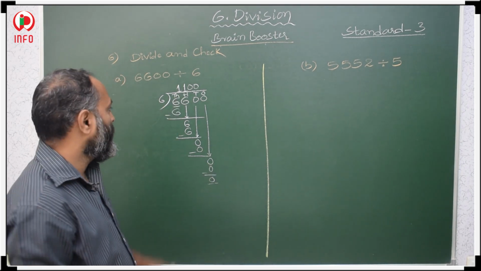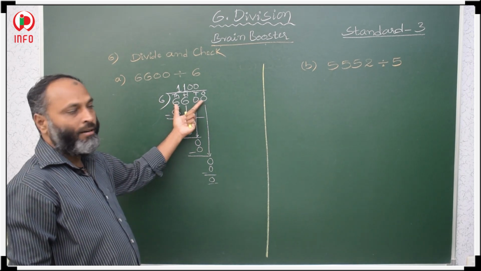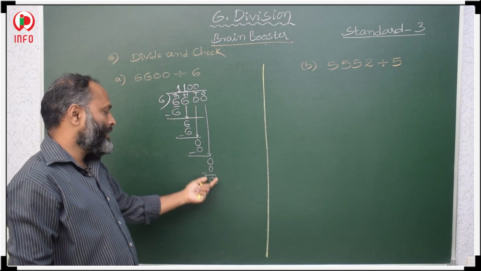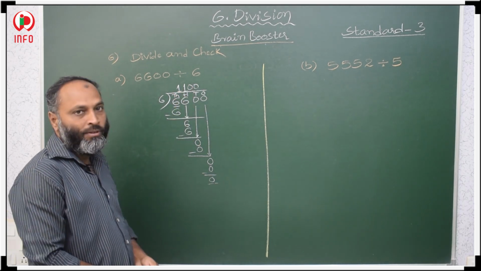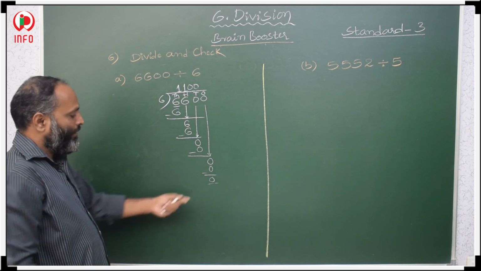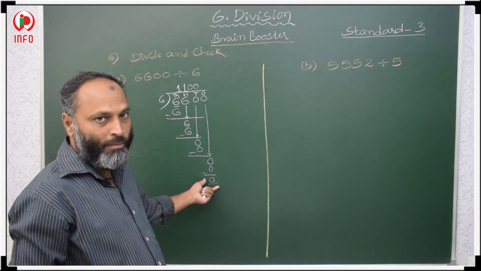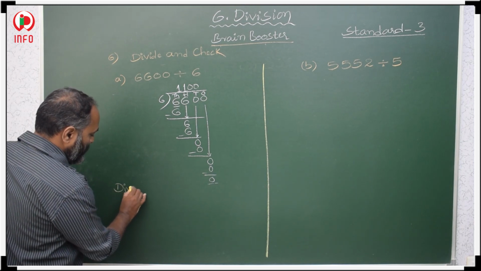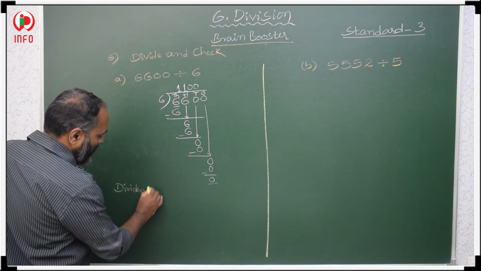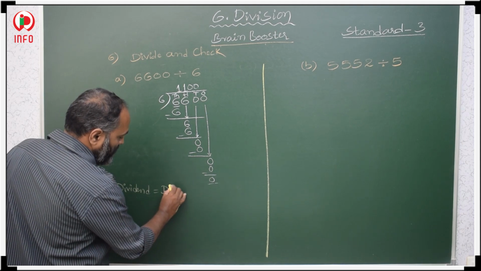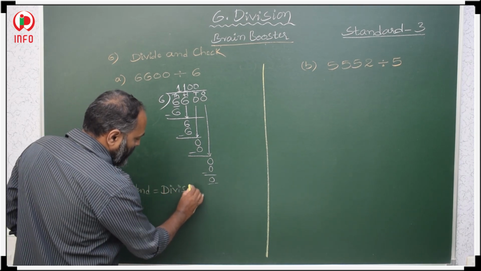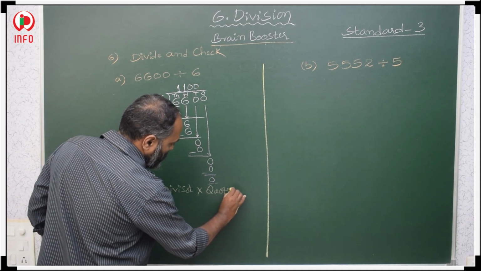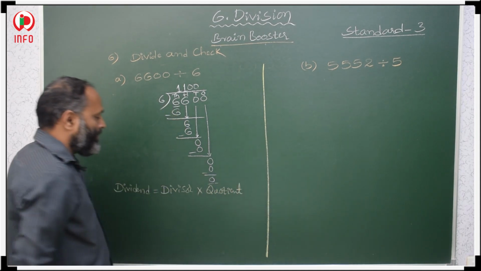Okay. Then this is your dividend, this is your divisor, this is the quotient, and this is the remainder. Then what is the formula? When the remainder is 0, the formula is dividend is equal to divisor into quotient.